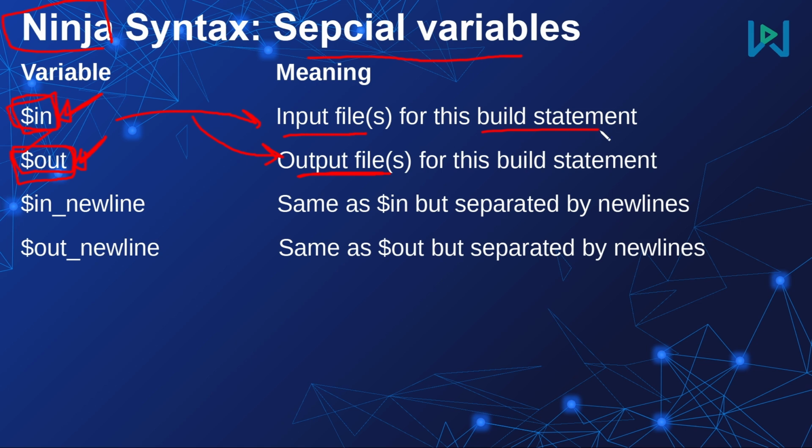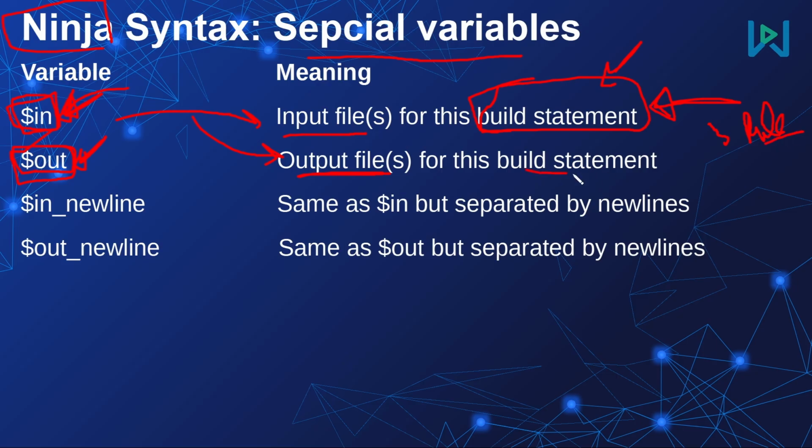So whenever we are invoking and executing the build statement that will call our Ninja rule, the default input files specified to the build statement, which will be passed later on to our Ninja rule, can be referred to using this $in variable within our Ninja rule.